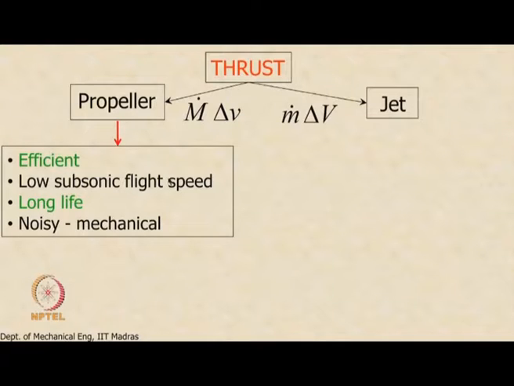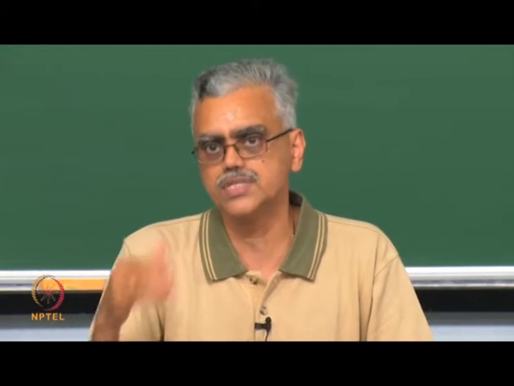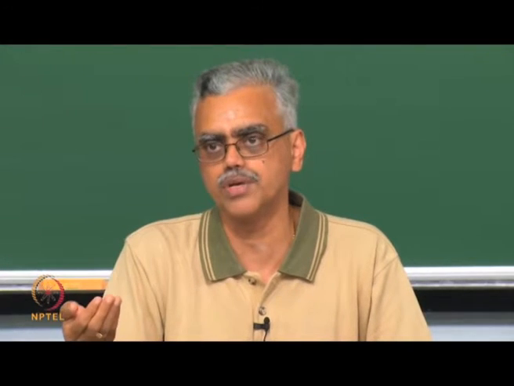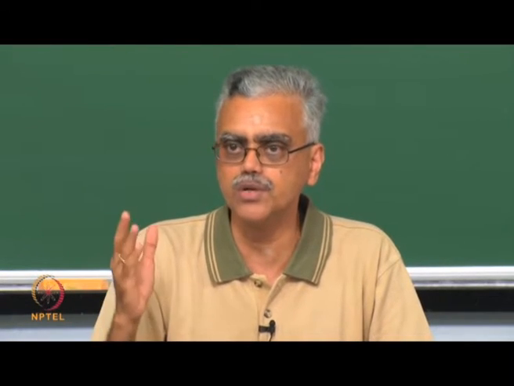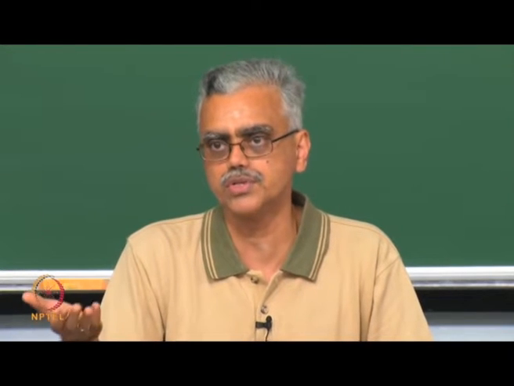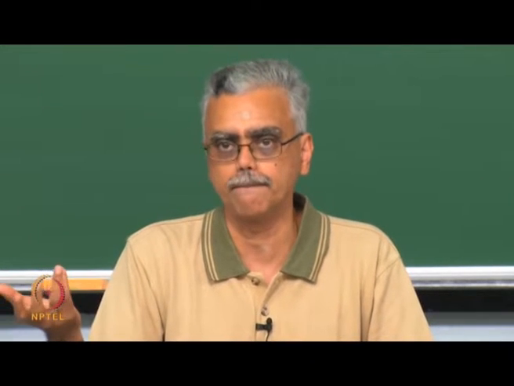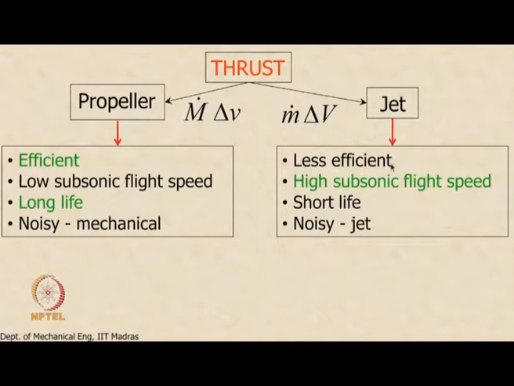And the other alternative, as we saw, was jet propulsion, which accelerates a smaller mass of air through a large change in velocity. But the large change in velocity, as we discussed, was accomplished through two things. Firstly, we wanted to increase the specific enthalpy, and we do that by increasing the pressure and increasing the temperature, which means that the components are exposed to high temperature, high pressure, and also high RPMs.